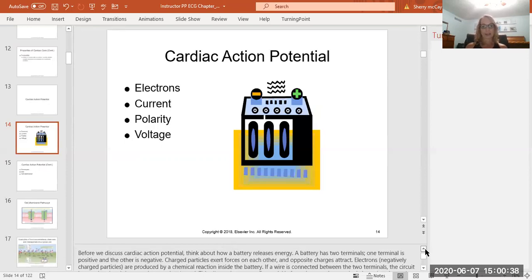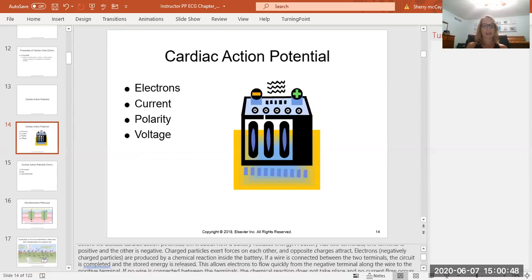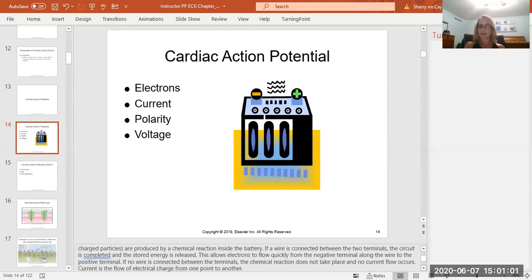Electrons, negatively charged particles, are produced by the chemical reaction inside the battery. If a wire is connected between the 2 terminals, the circuit is completed and the stored energy is released. Okay? This allows electrons to flow quickly from the negative terminal along the wire to the positive terminal.